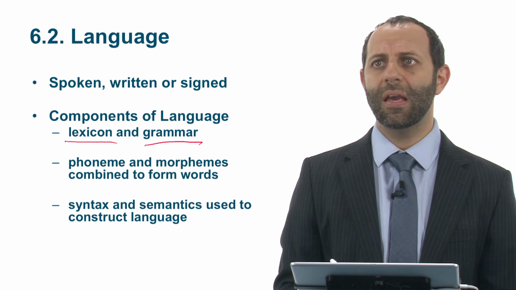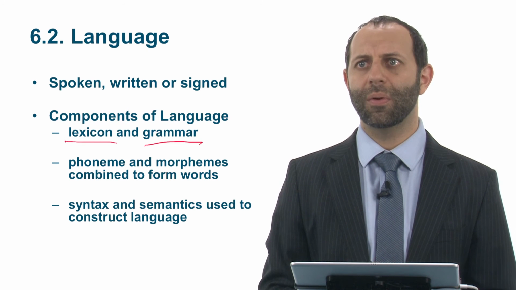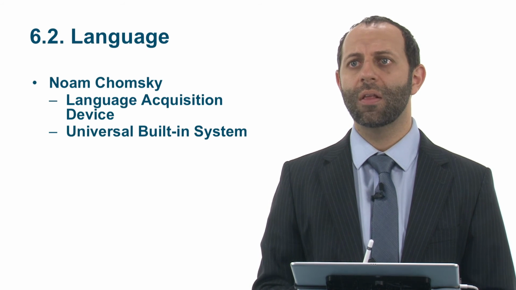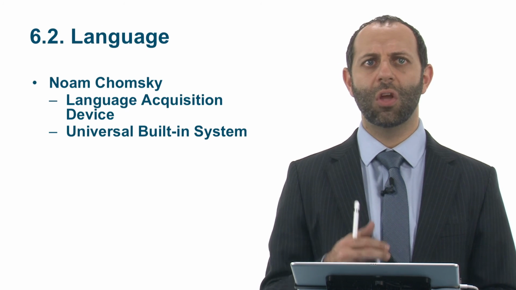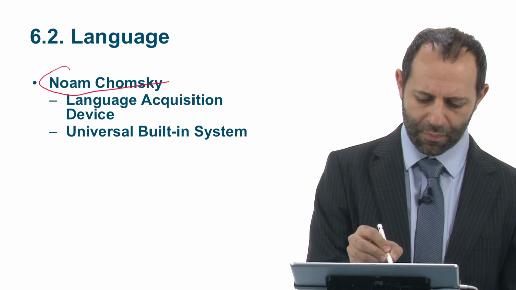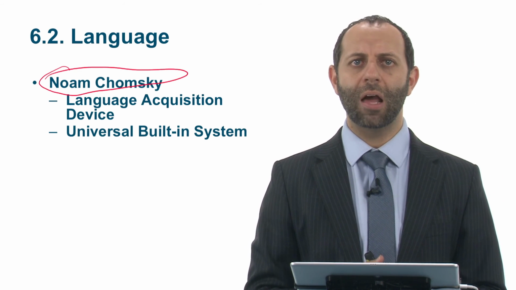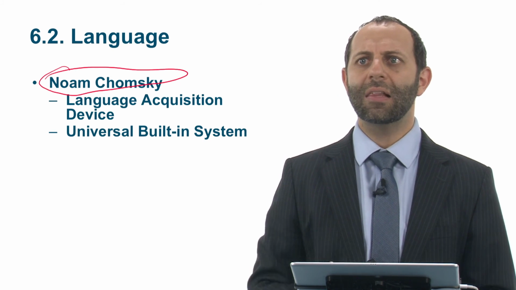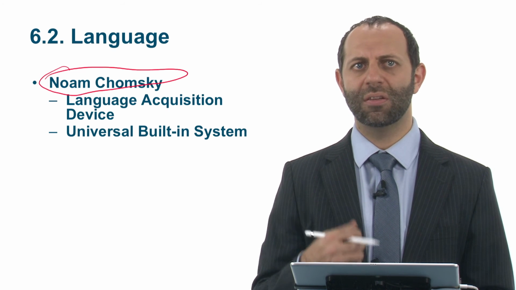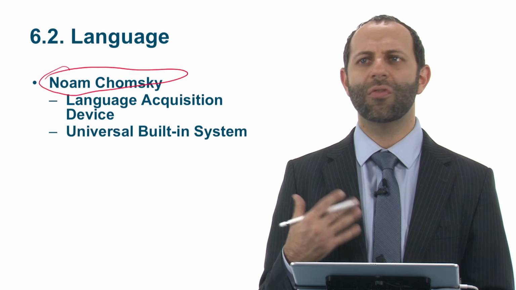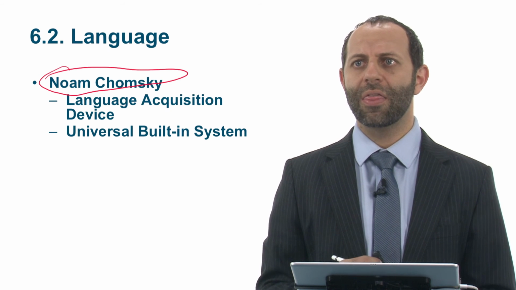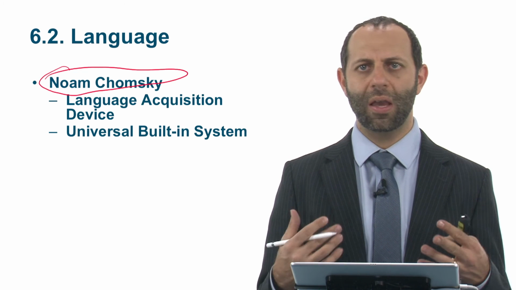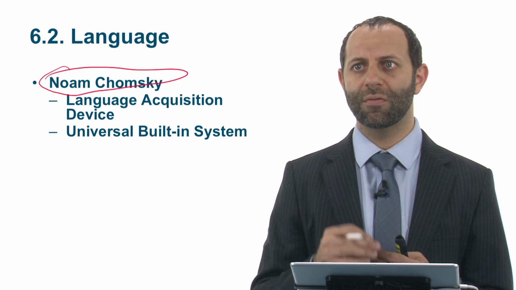Although attempts have been made to begin to explain language development in terms of operant conditioning from the works of B.F. Skinner, we actually look to the work of Noam Chomsky, who really contributed a lot of our knowledge in language development from his seminal works. He claimed that children have a language acquisition device, a type of universal built-in system that helps them interpret and use language in various ways relative to their unique environment.